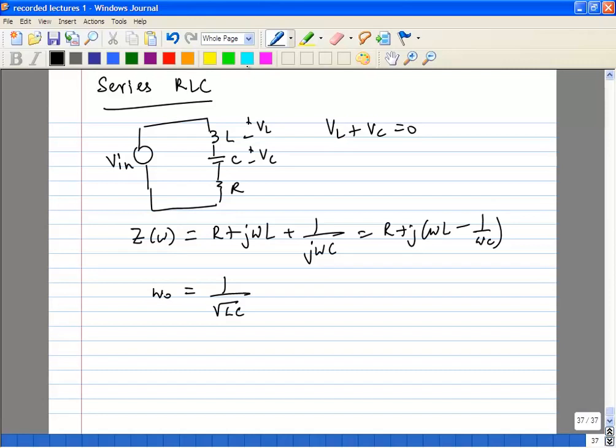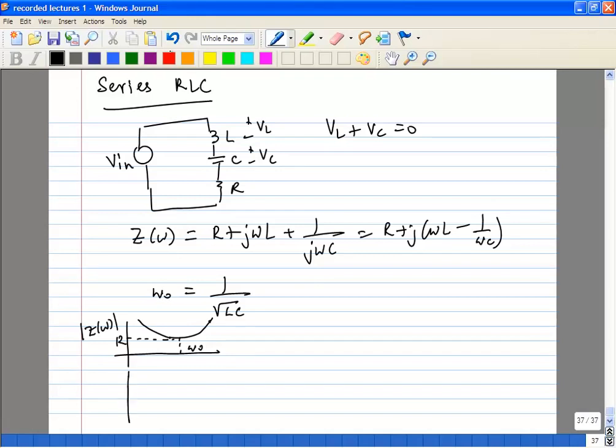Now if you try to plot the magnitude of Z of omega, we know that it's very high impedance because it's capacitive, and it goes like this. And at resonance it's equal to R at omega naught.